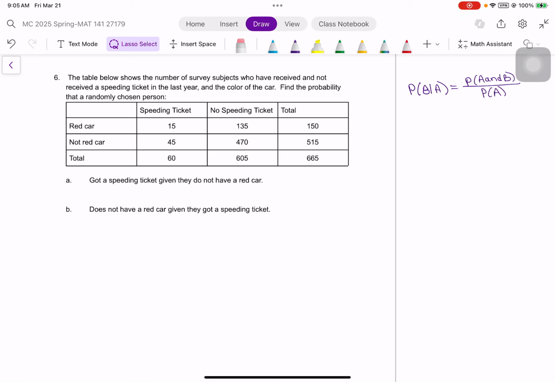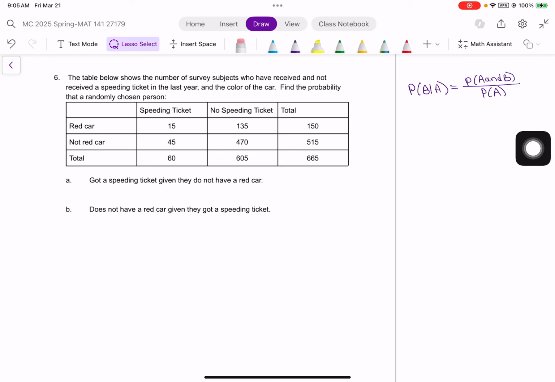So there was a total of 665 cars in this, and that's from right here. If we're looking at just people who got speeding tickets, there were 60 of them. If we're looking for just people who had red cars, there were 150 of them. If we were looking for people who got a speeding ticket that had a red car, that would be right there, that 15.